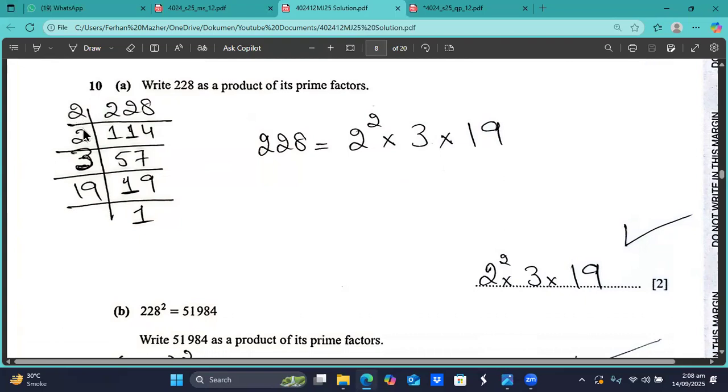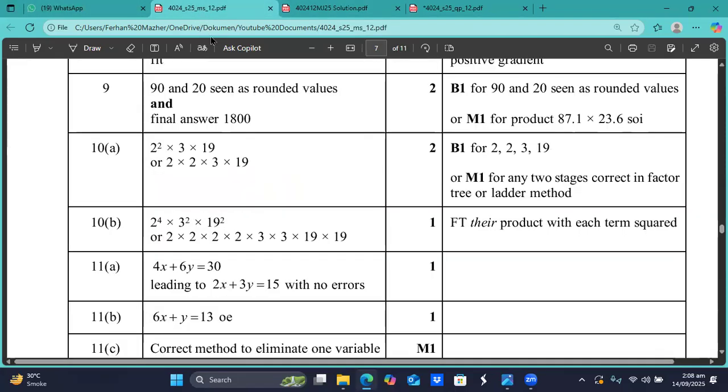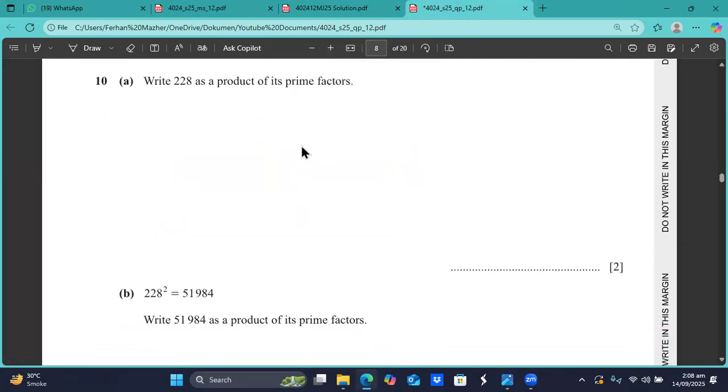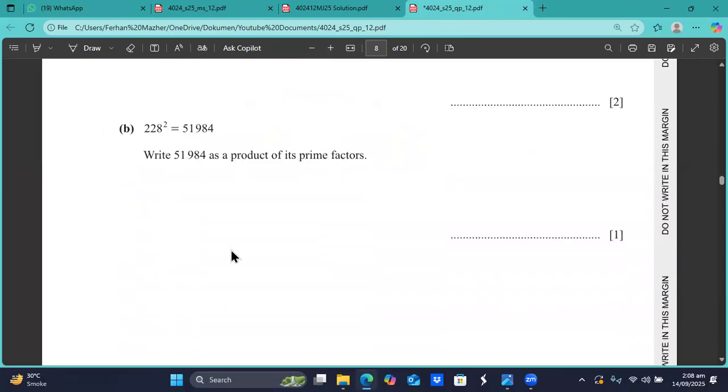You get 114, again 2, 57, then with 3, so you get 19, and 19 is prime. So 228 is equal to 2 squared times 3 times 19. Our answer is right.